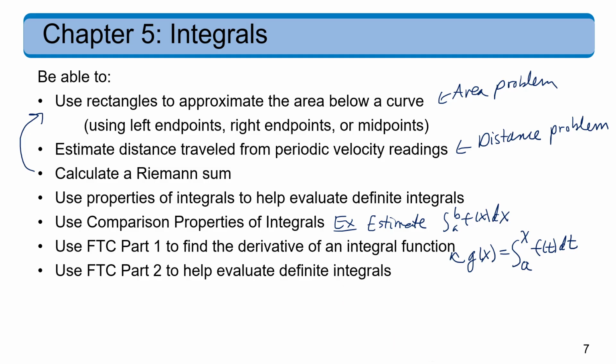So if you're given a definite integral that you want to evaluate, you start by finding any antiderivative of little f, which we usually call capital F. Then we put this vertical bar to indicate that what you do with that antiderivative is first plug in the right endpoint, then you subtract, and you plug in the left endpoint.